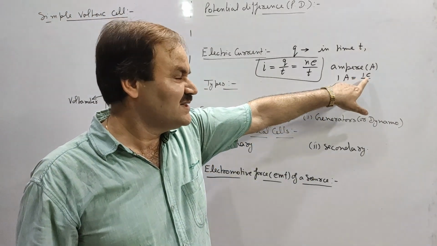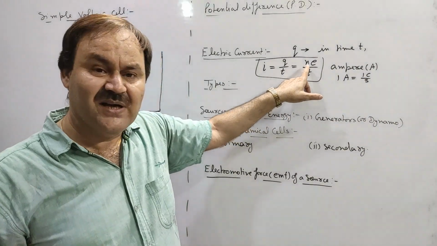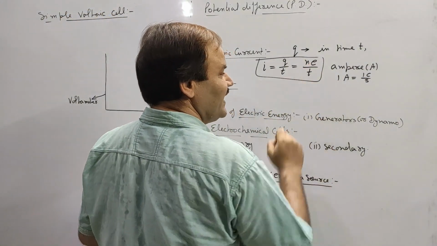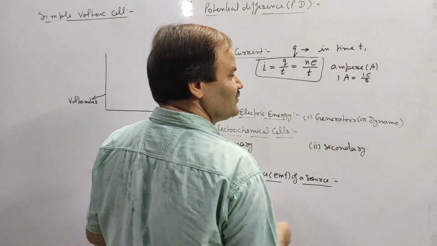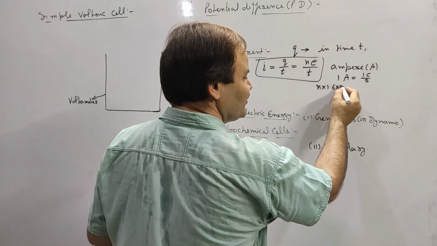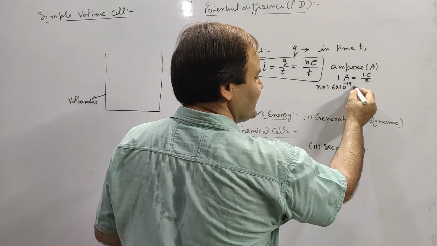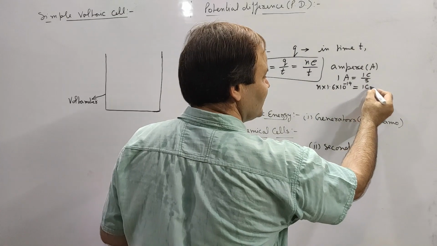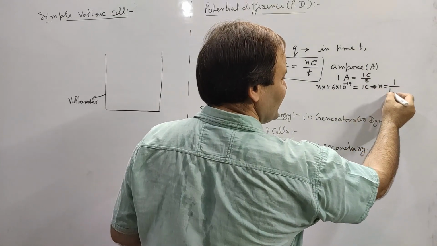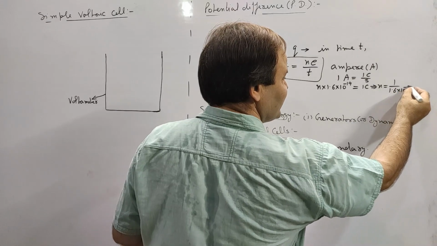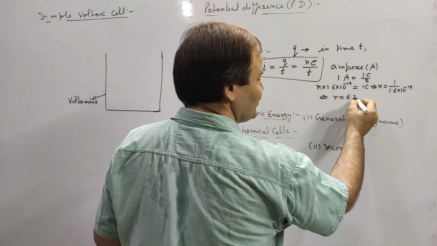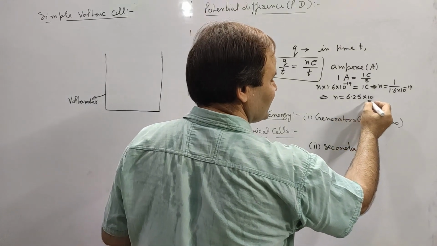It can also be represented in terms of number of electrons. And if we want to find out how many electrons will form 1 coulomb of charge, then n into 1.6 into 10 to the power minus 19 is equal to 1 coulomb, which implies n is equal to 1 upon 1.6 into 10 to the power minus 19, and this gives us n is equal to 6.25 into 10 to the power 18.